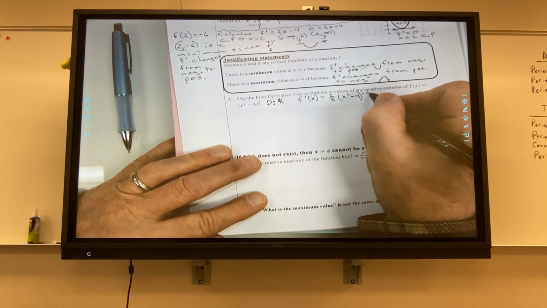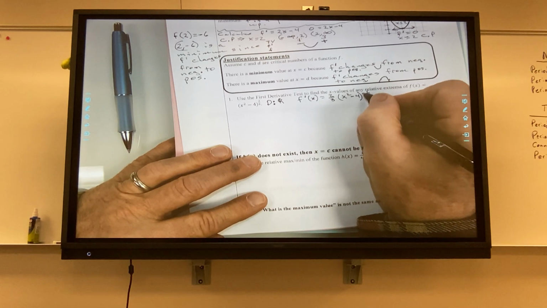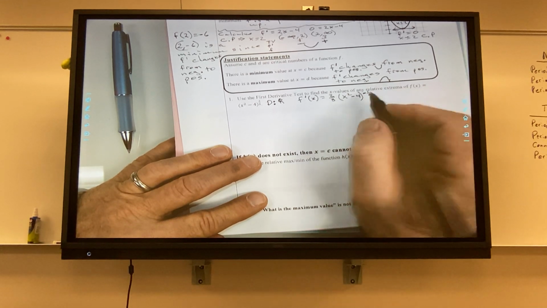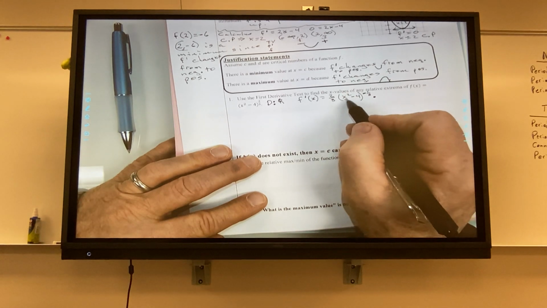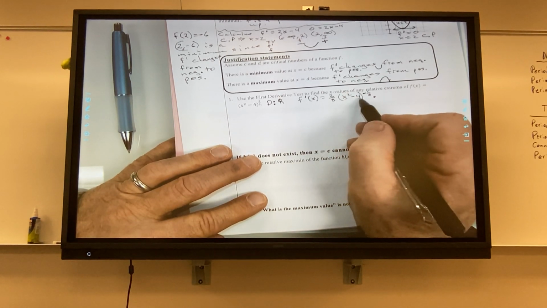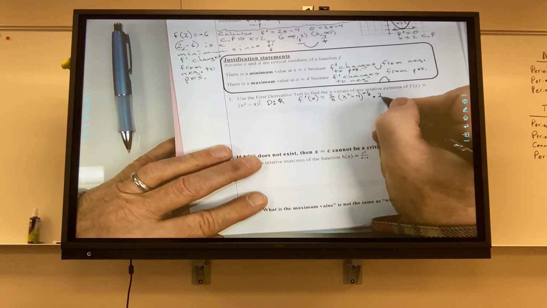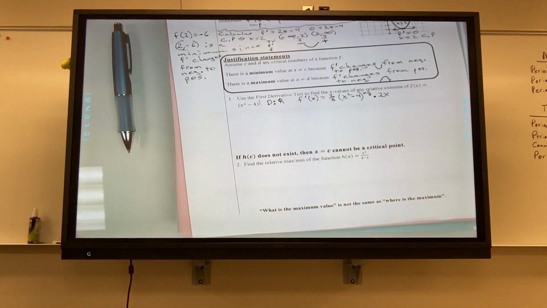Negative 1/3. Perfect. And then the chain rule says I need to come in here and take the derivative of this x squared minus 4. And what is that? 2x. Perfect. Everybody okay with that?